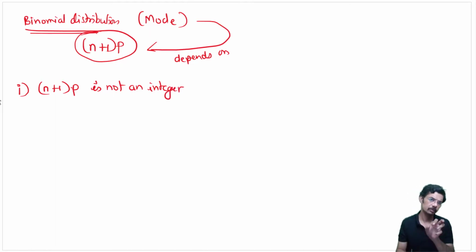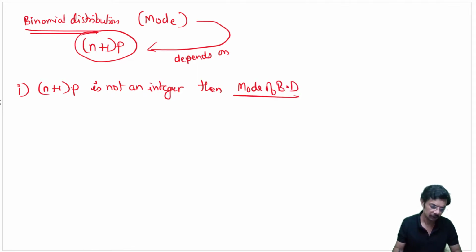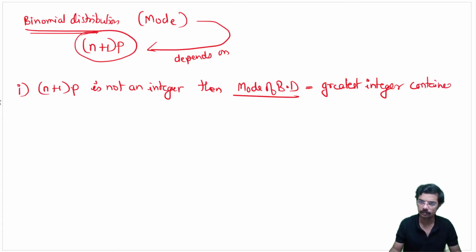If (n plus 1) into p is not an integer, then the mode of the binomial distribution will be equal to the greatest integer contained in (n plus 1) into p.